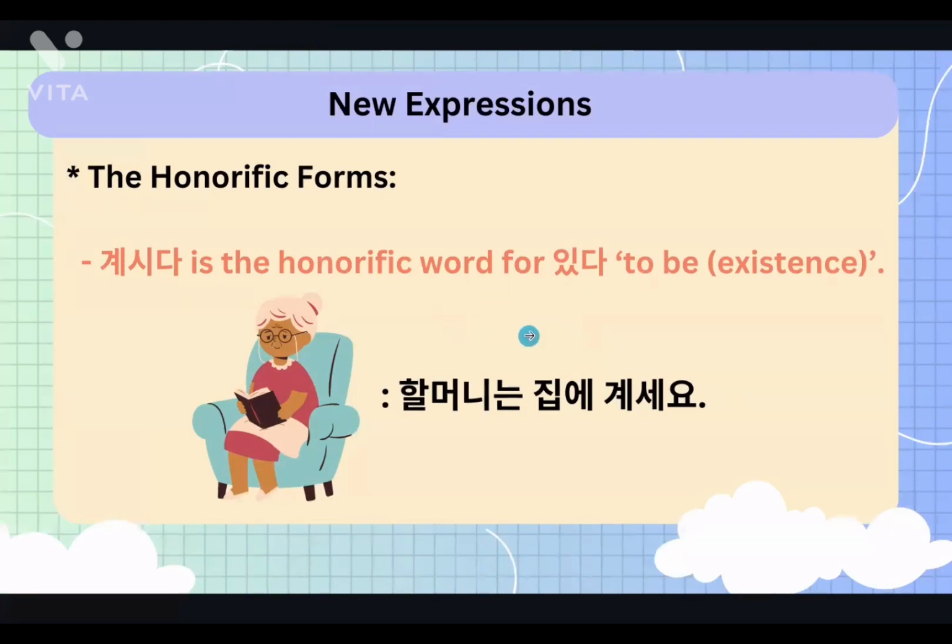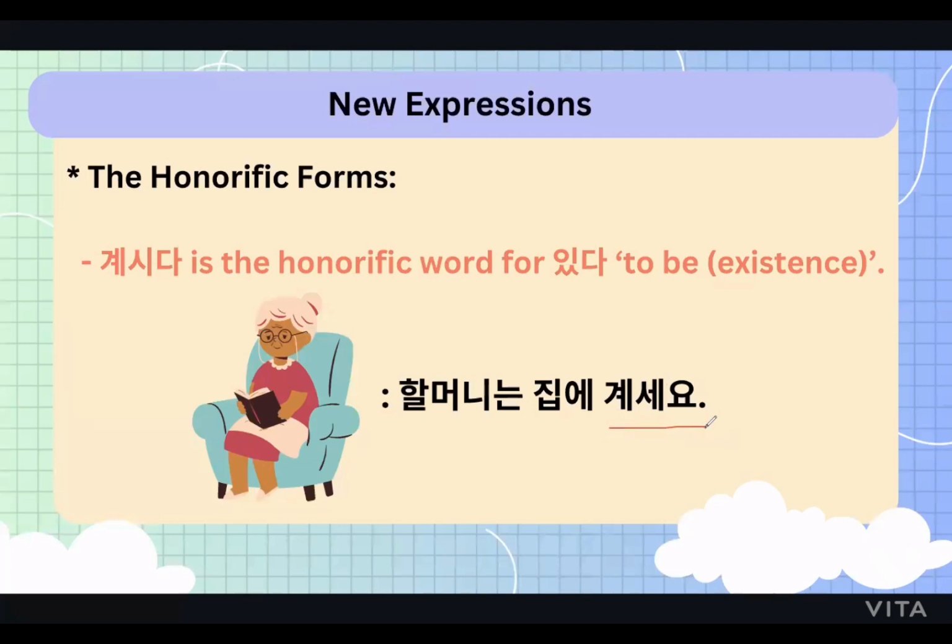So when we say 내 남동생이 집에 있어요, my younger brother is at home, we use 있어요. But what about 할머니? 그쵸? Look at this picture. 할머니 is what? 그렇죠. Grandmother. Then, can you say 할머니는 집에 있어요? It's okay. But what about a more proper honorific word? 그렇죠. You can say 할머니는 집에 계세요.